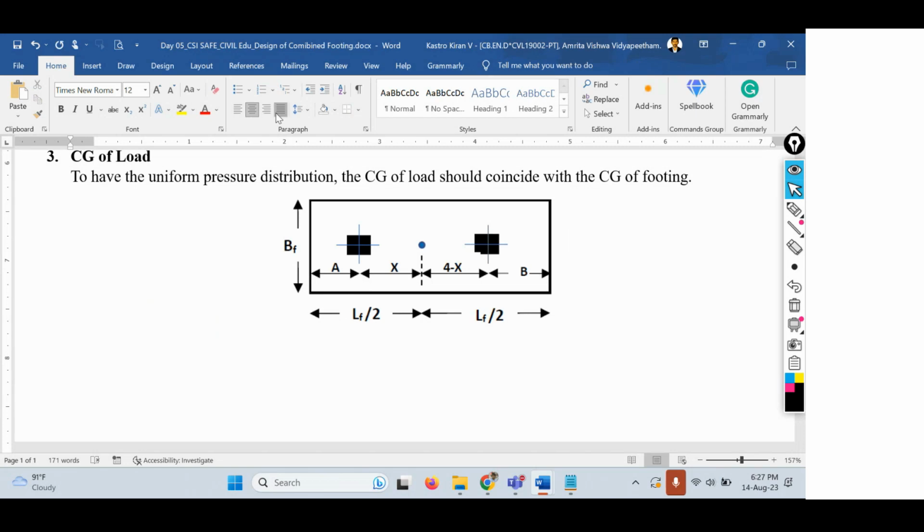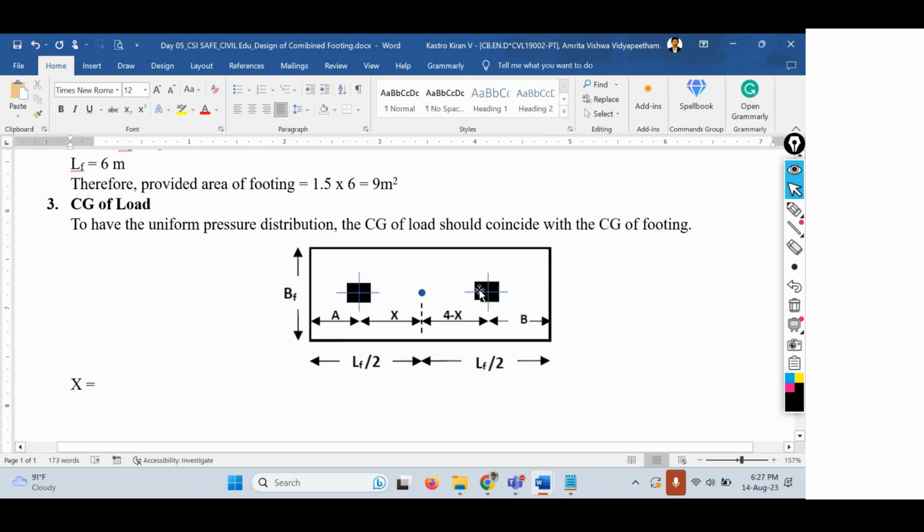In order to calculate the value of x, x equals 500 into 4. What is 500? I'm just calculating the moment. From column 2, what is the load that is coming? From column 2, the load that is coming is 500 kilonewtons.